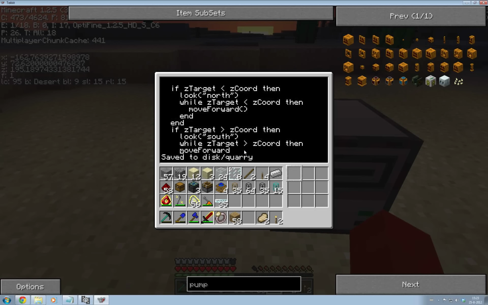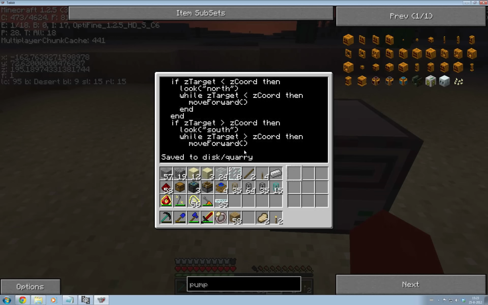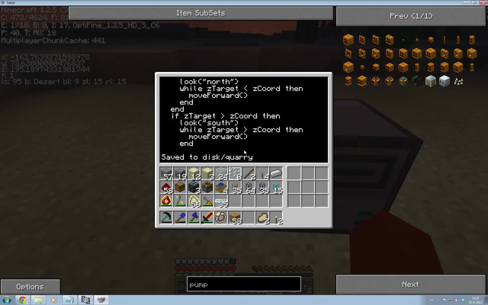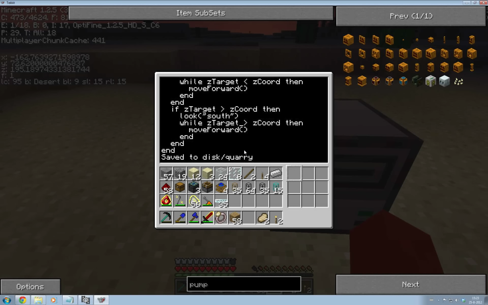Just realised I made a bunch of mistakes doing while then instead of while do, so I'm going to have to change that in a second. Large amounts of typing going on here. Alright, so that's all good. Now let's change these whiles to while do instead of while then.